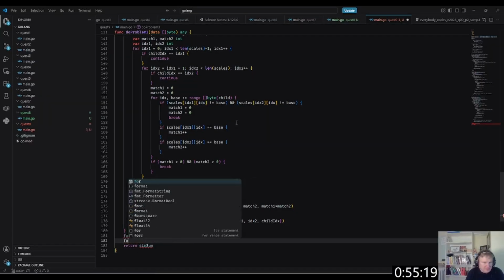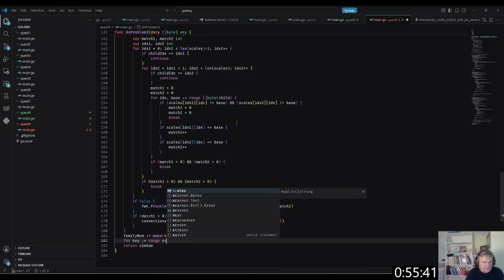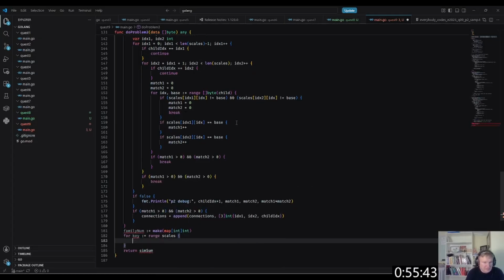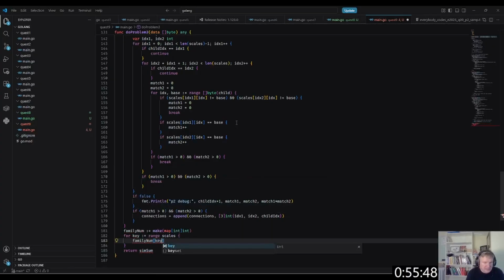and I'm going to start out with for range scales, family num bracket key equals key.